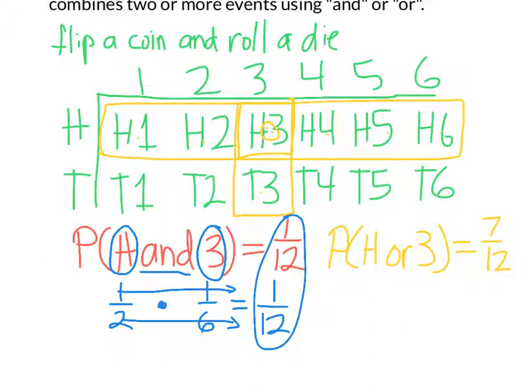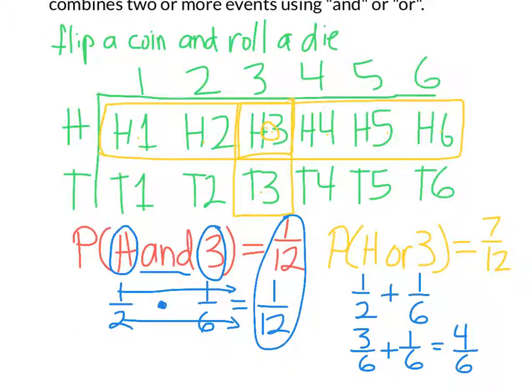With or, we do the same thing, but we do have an overlap, and so we would have to subtract that out. So heads again is 1/2, but with or we add. 3 is 1/6. So to get a common denominator, this is 3/6 plus 1/6. Now that would give us 4/6, which equals 8/12.